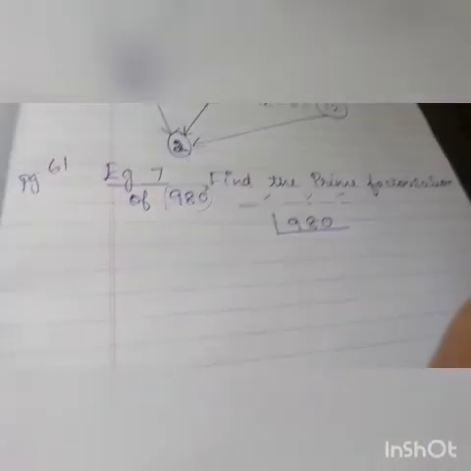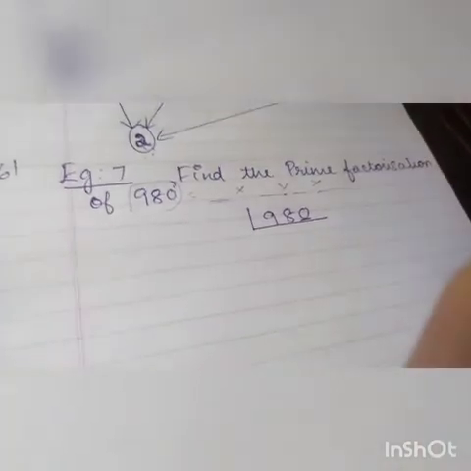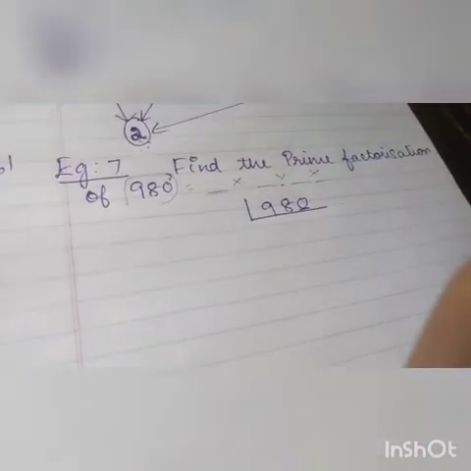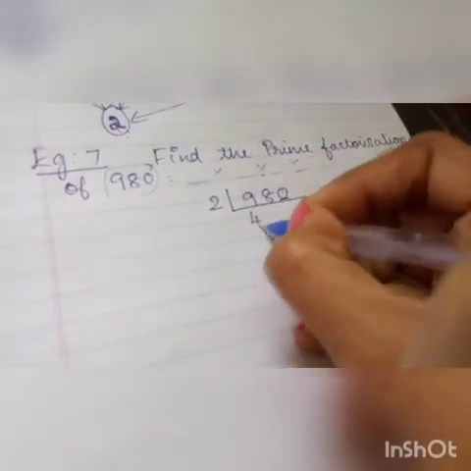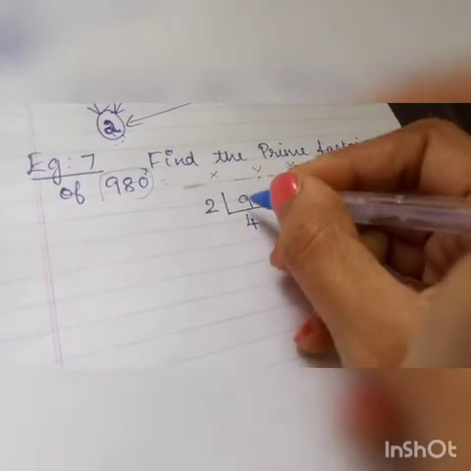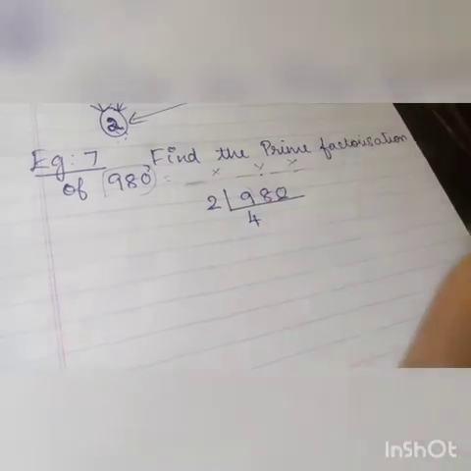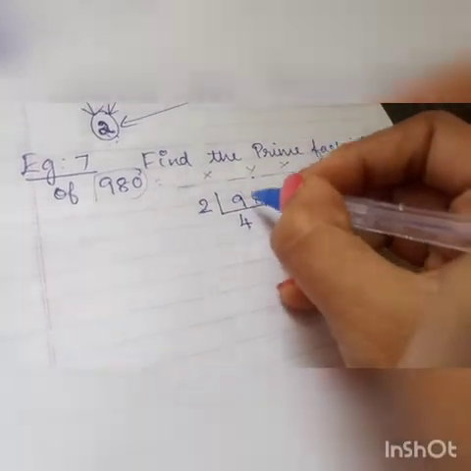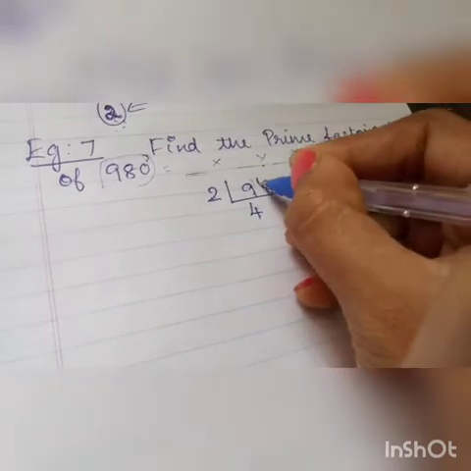So we can start with the 2 table. Yes, it is divisible by 2 because our last digit is 0. 2 fives are 10, which is more than 9, so I am using 2 fours are 8. 9 minus 8 is remainder 1. You write the remainder here, so 8 will become 18.